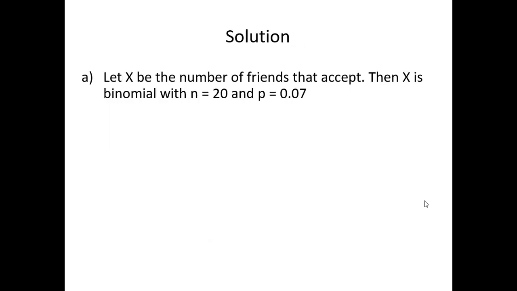Okay, so if we start talking about the solution, let's let X be the number of friends that accept. Notice X would be a binomial random variable, n would be 20, and p would be 0.07. 7% chance that they would accept.